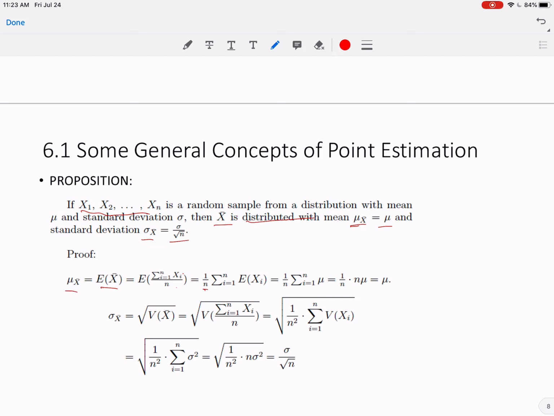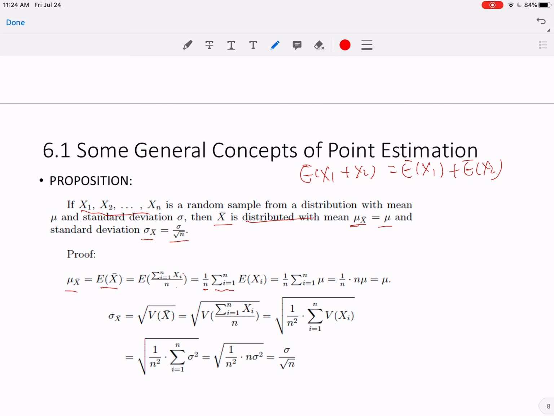And since it's a summation, we know that E of x1 plus x2 is equal to E of x1 plus E of x2, right? That's the property of expectation. So that's why we can pull the summation outside the expectation as well.